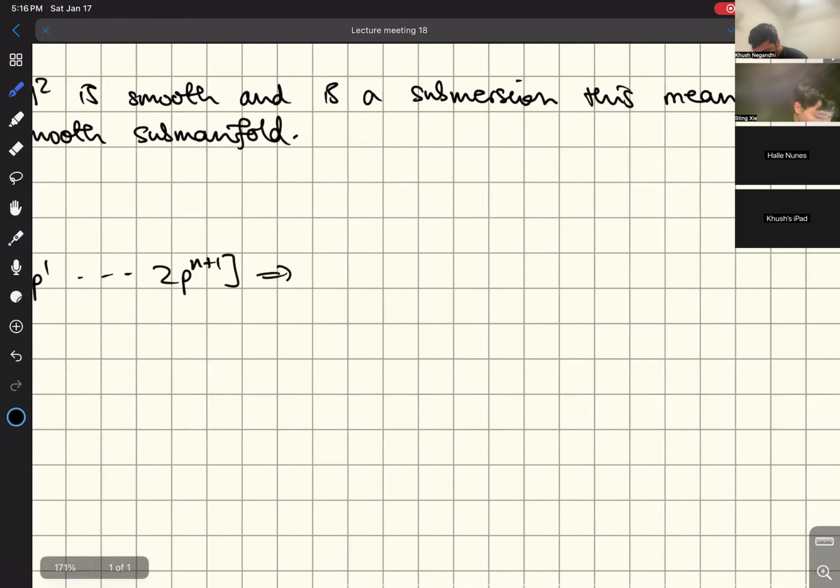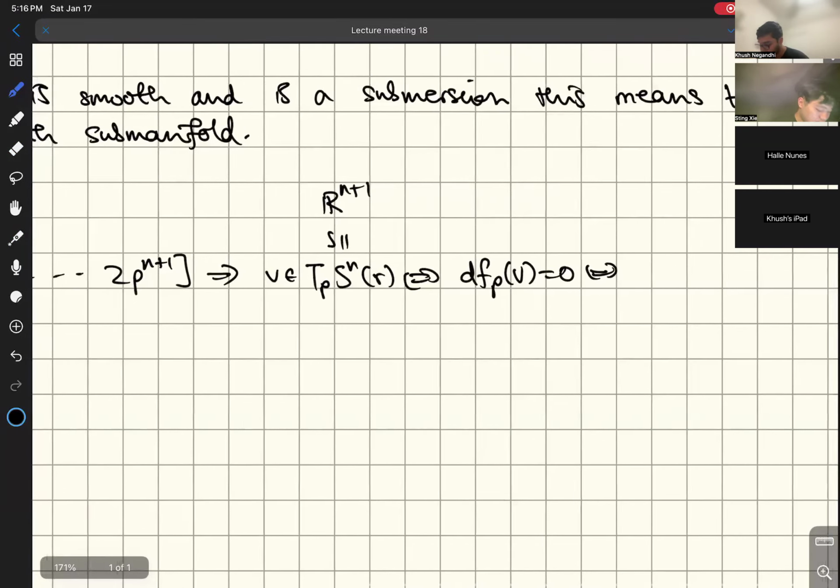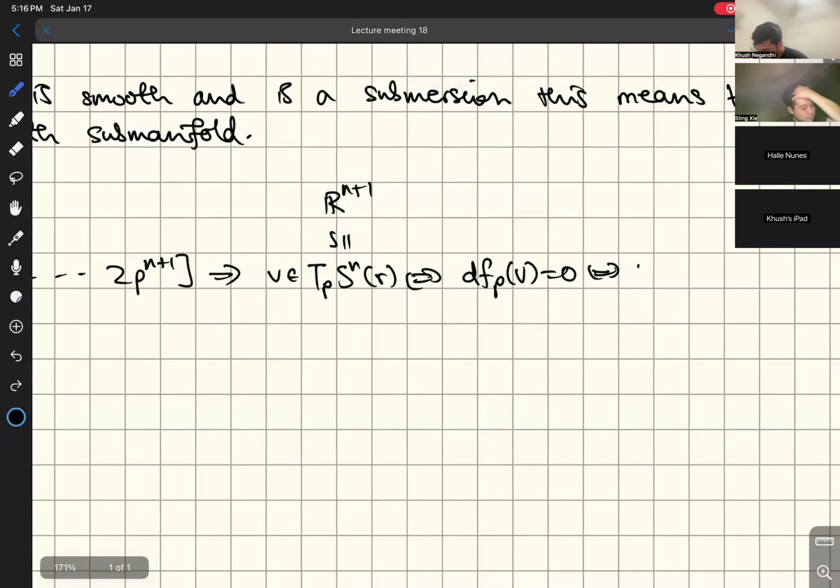Which then means v is in T_p S^n of r, a subset of R^(n+1), if and only if df at p of v is equal to 0, which is true if and only if 2p dot v is 0, which means that p dot v has to be 0.